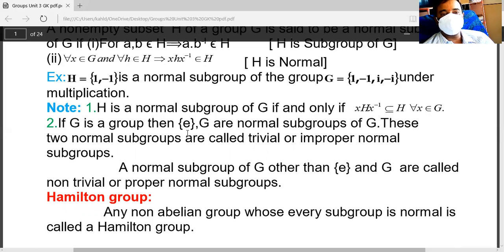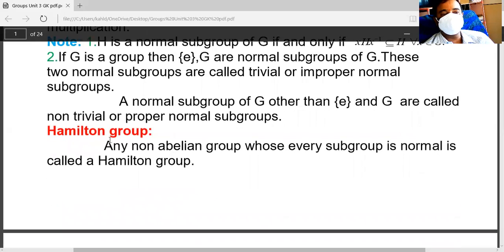G itself and the singleton {e}. These two are called trivial or improper normal subgroups, and except these two, all the remaining normal subgroups are called proper normal subgroups of the group G. Correct?